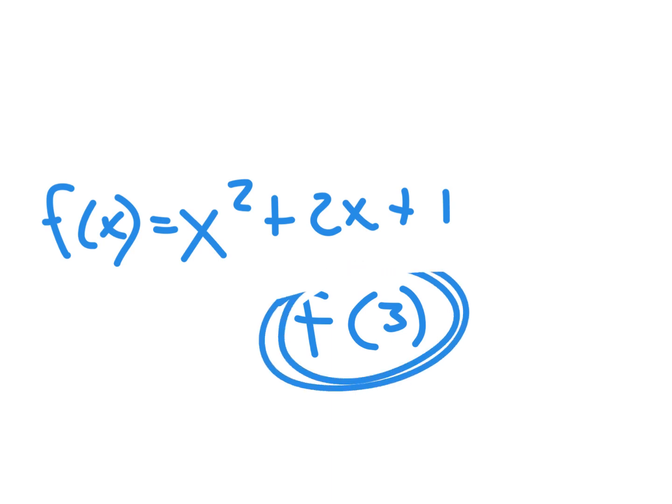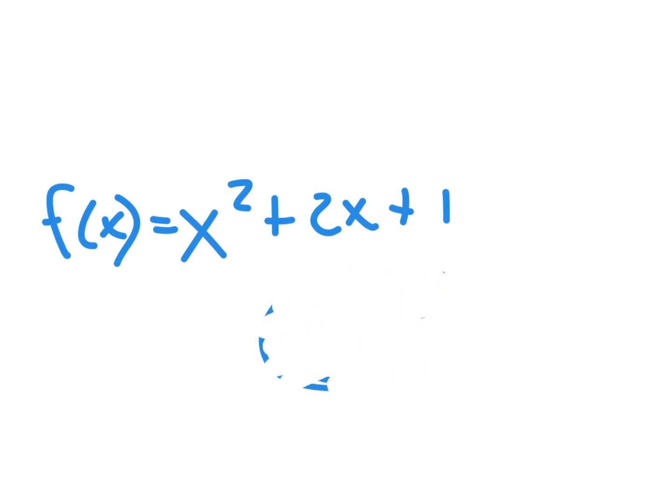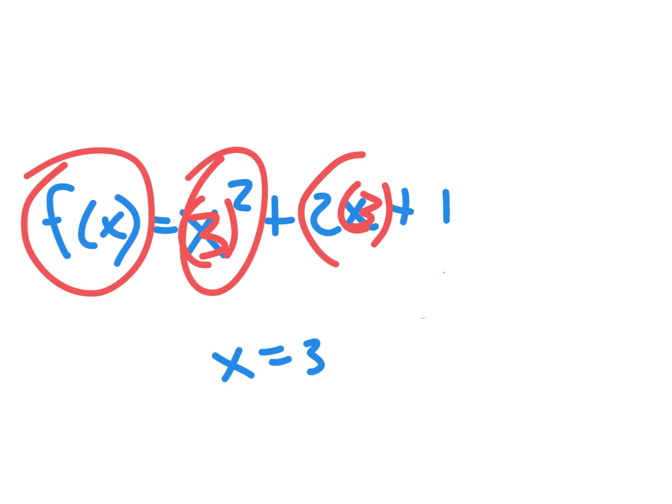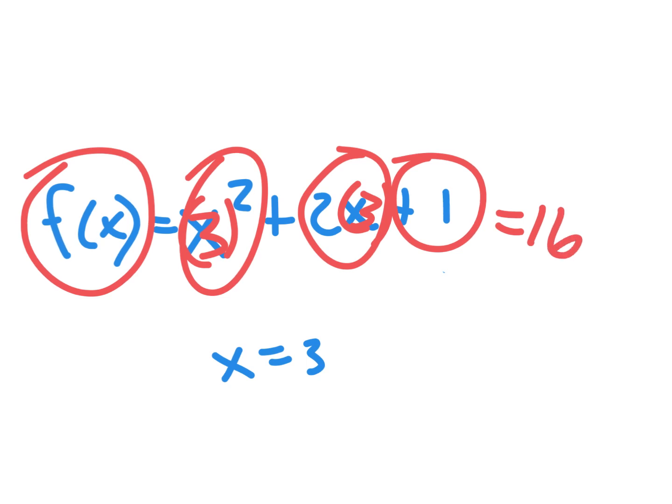If you're not ready for that, I can say the problem that way: x equals 3, instead of f of 3. You just stick a 3 in here and here. That's all that means. So what's the answer? y equals 9 plus 6 plus 7. 16 is correct, when you stick in x is 3.